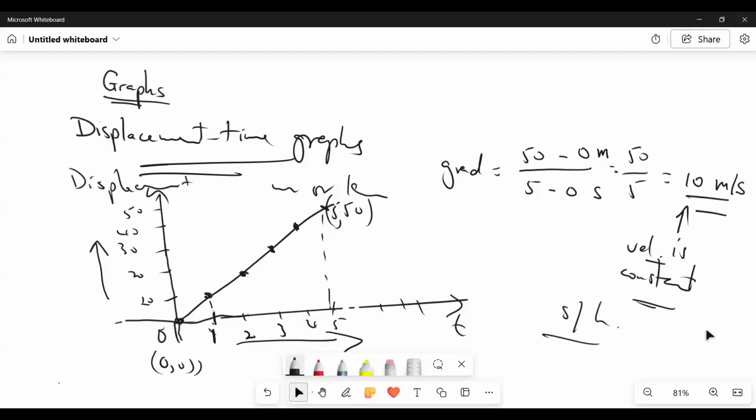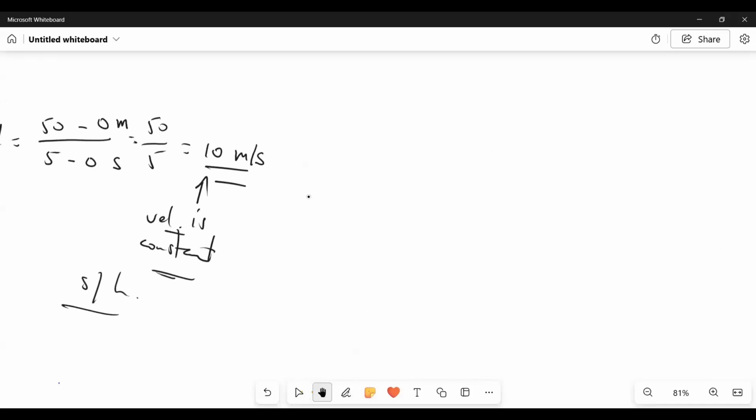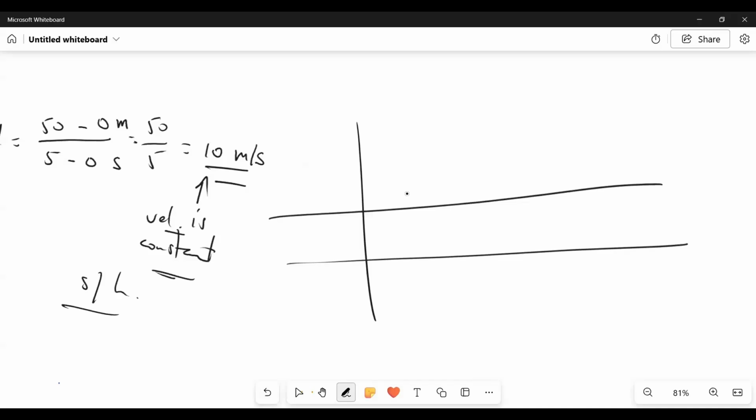Even that one that we had earlier, like this, the velocity is constant there. The velocity is simply zero. Right? So having a velocity of zero is constant velocity.